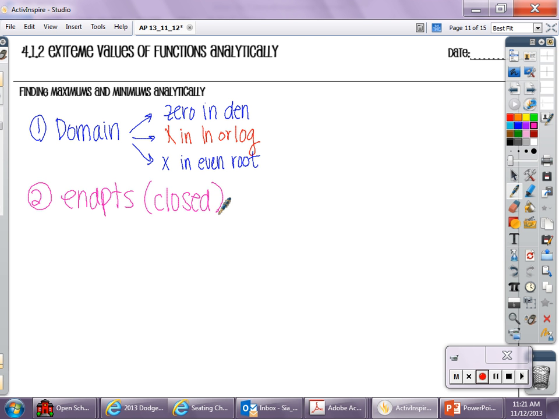If your domain shows up that you have parentheses, let's say, you don't have to write this here, you may if you'd like. That's your domain. You magically figured out that that's the domain. Is it closed? No, it's not. What do the parentheses mean? It's open. This is closed.